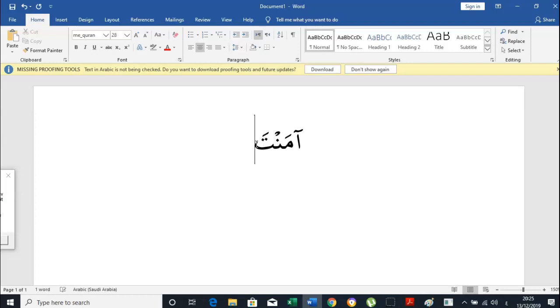Anti. Anta. Okay, so translate as well. Anta, amanta means believed. She believed. Very good. Amana. Ana. Nahnu. He believed. Huwa nasara, huwa amana.